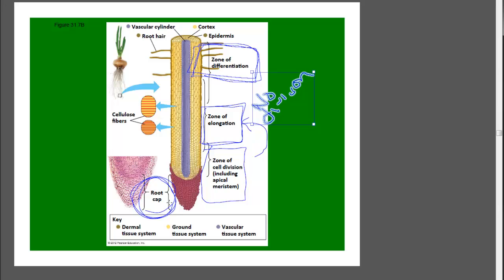It's pushing down through soil and rocks and dirt and worms and whatever. We have to protect those highly dividing cells in the end of that root so that they are not damaged. Again, bringing back our three types of tissue, vascular, ground, and dermal are all present in the root as well.